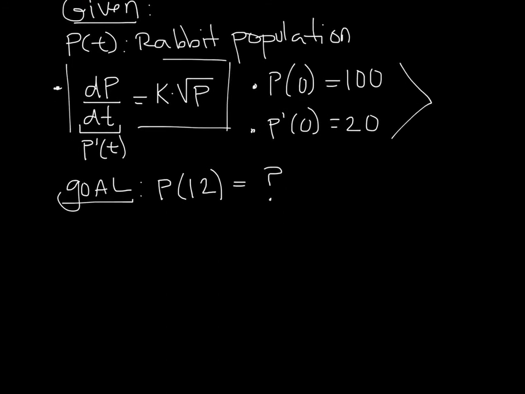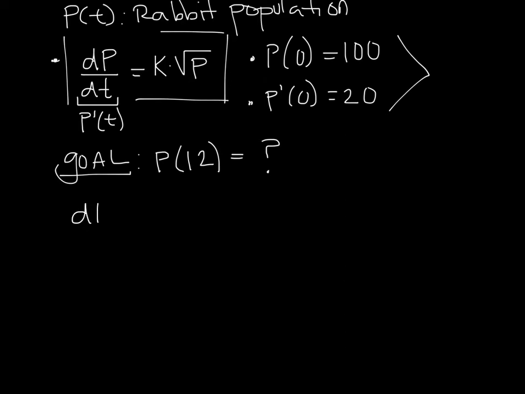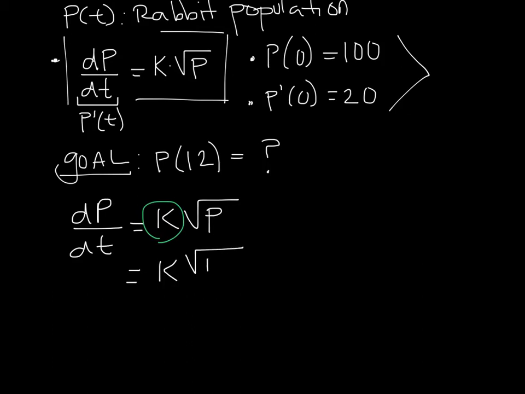So we have dP/dt equals, I'm just going to rewrite this, k times the square root of P. We need to find k in order to solve this problem. So let's use our initial condition and this rate they gave us. The square root of P, where P is our initial population, is going to be 100.